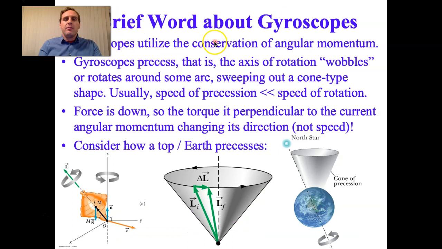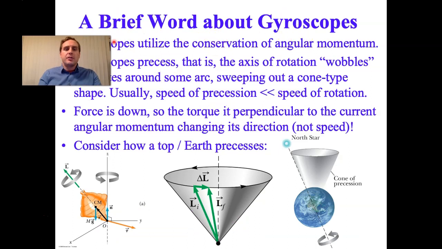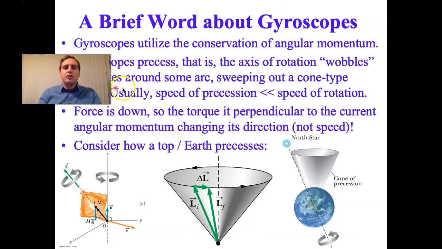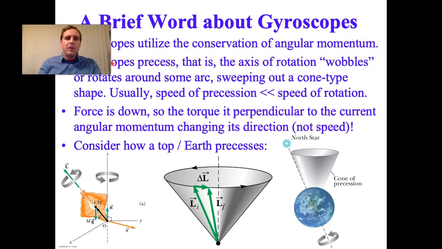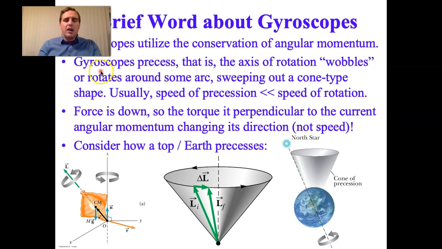I want to mention a brief word about gyroscopes. Gyroscopes utilize the conservation of angular momentum. How do they do that? Gyroscopes precess, that is, the axis of rotation wobbles, so to say, or rotates around some arc, sweeping out a cone-type shape. Usually the speed of precession is much, much less than the speed of rotation.